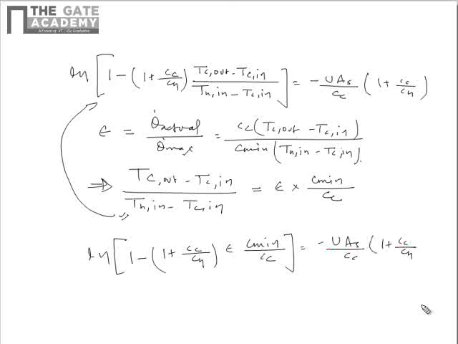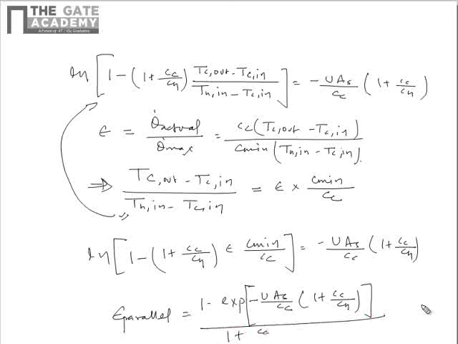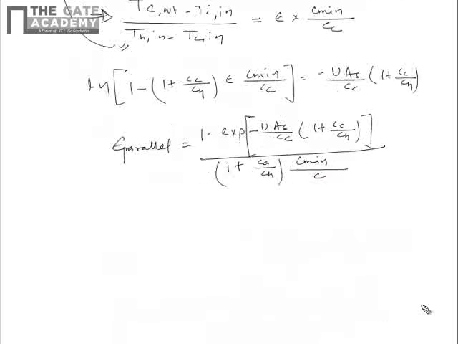plus Cc upon Ch). And if we do some algebra, we will get effectiveness of a parallel flow heat exchanger as 1 minus exponential of minus UAs upon Cc (1 plus Cc upon Ch), upon (1 plus Cc upon Ch) into C minimum upon Cc.